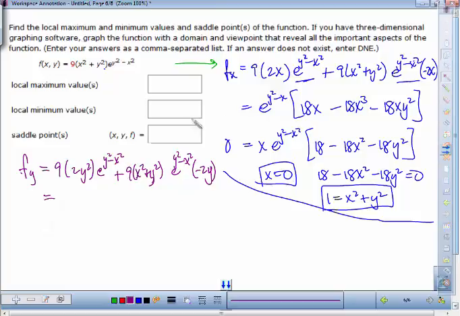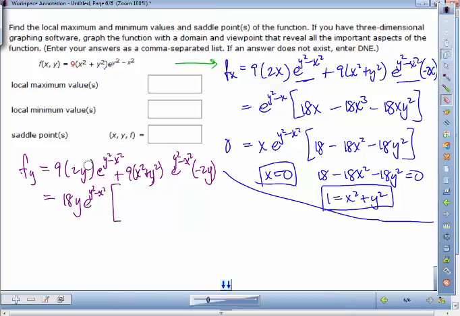And doing the same thing we did, I should have factored out an 18 here. Looks like I can factor out an 18y e to the y squared minus x squared. So let's see what happens if I factor out an 18y. Oops, sorry. This should be a y, not a y squared.